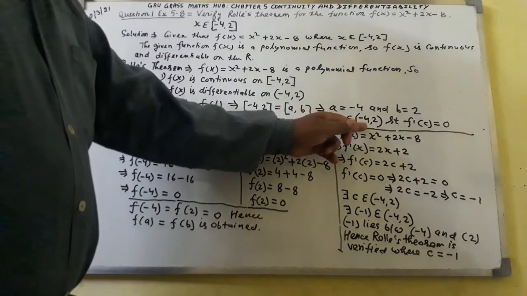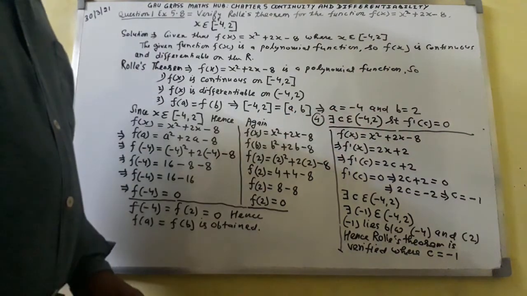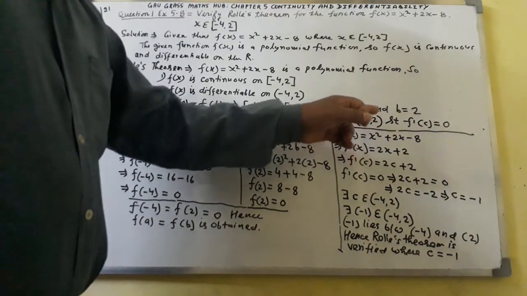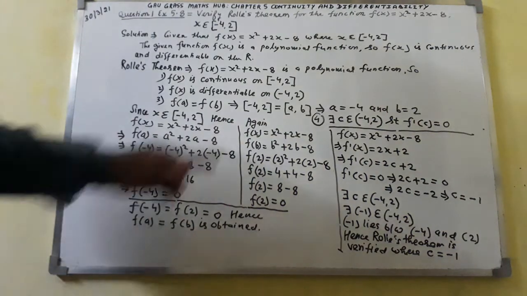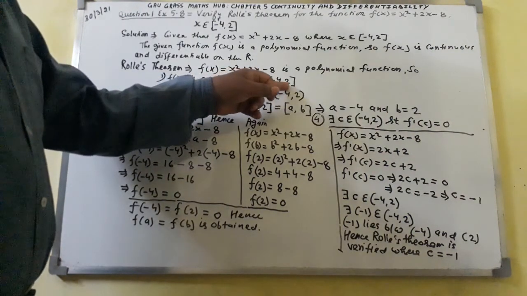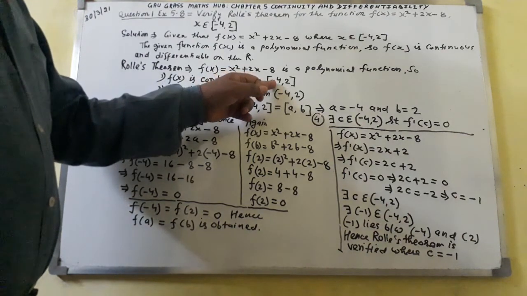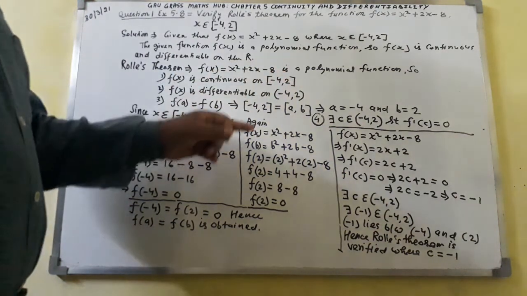In the open interval (-4, 2), -4 and 2 will be excluded. In the closed interval [-4, 2], -4 and 2 will be included.